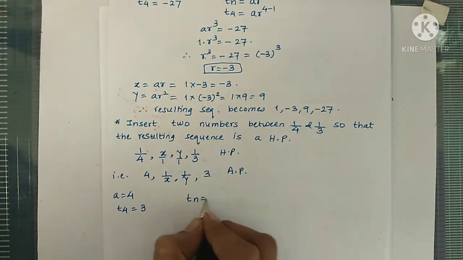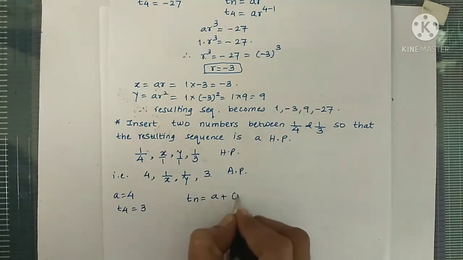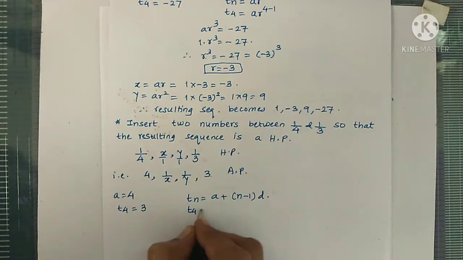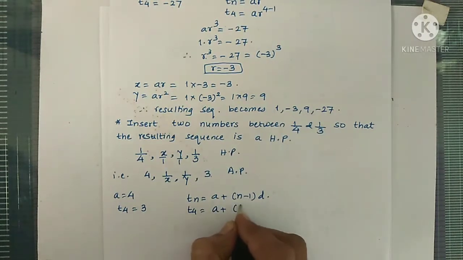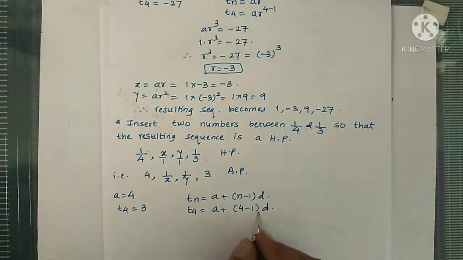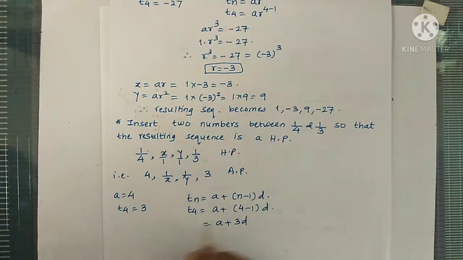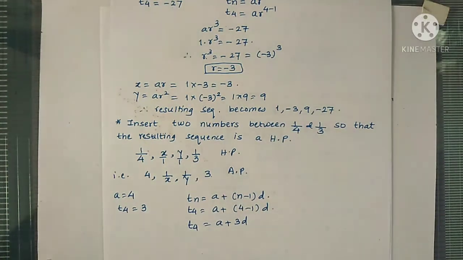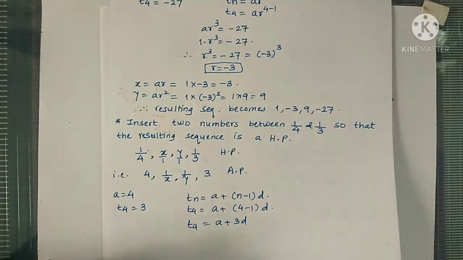Now Tn for an AP is a plus n minus 1 into d. Since we have T4, put n equal to 4. So a plus 4 minus 1 into d. 4 minus 1 is 3, so this is a plus 3d. Now we have values of T4 and a, so let's substitute.